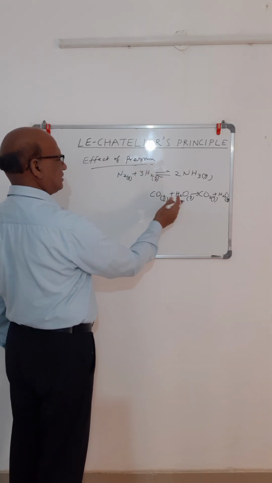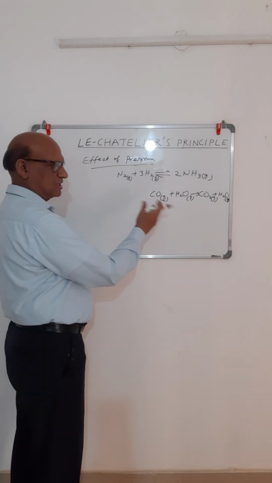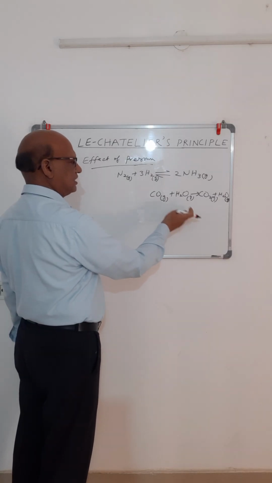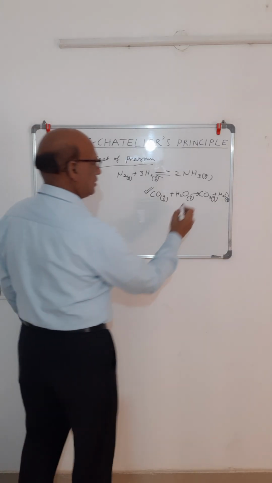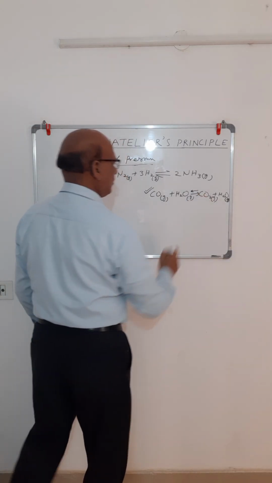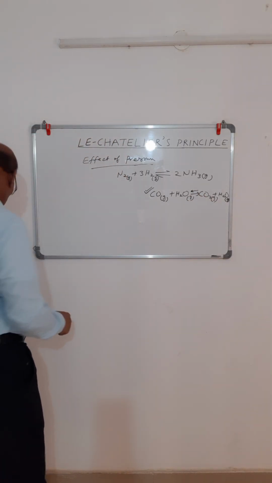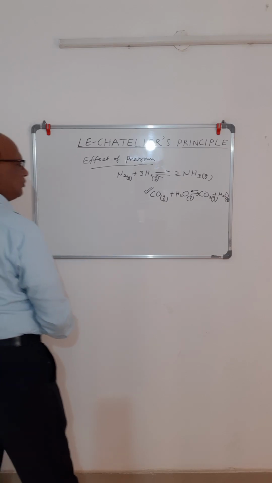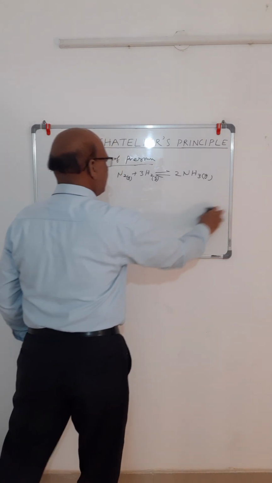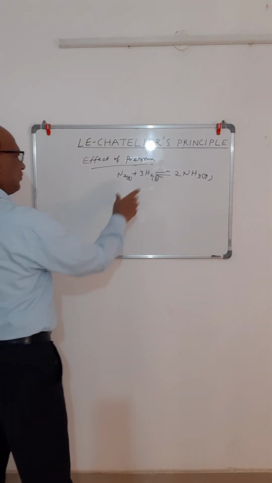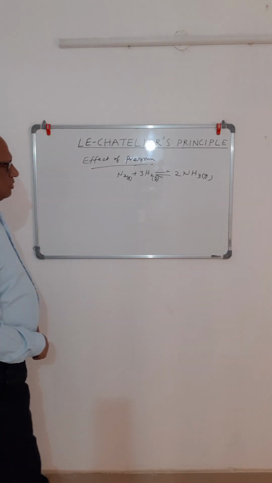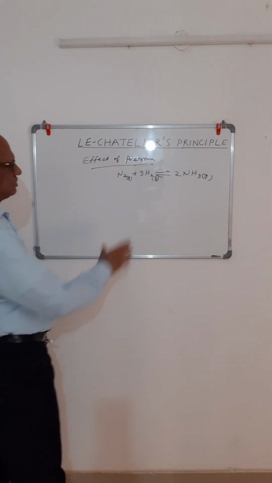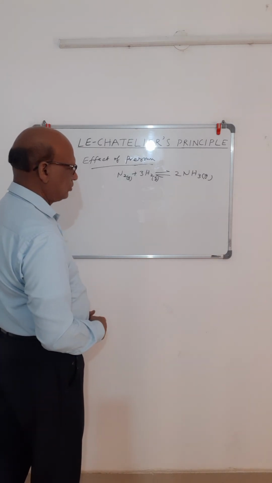Whether we increase the pressure or decrease the pressure, the equilibrium of this reaction will not get affected because there is no change in the number of moles. But in the Haber reaction, we see that 4 moles of reactants are getting converted to 2 moles of product. That means number of moles is getting reduced.